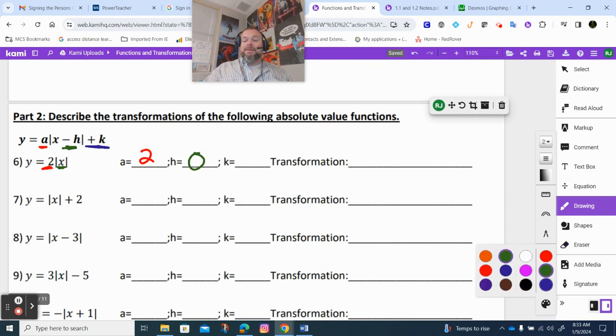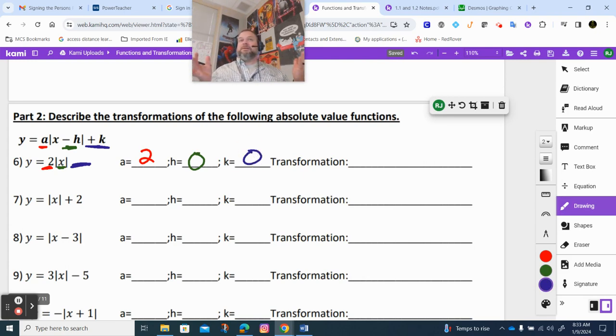All right. And then what is K? 0. There's nothing there. All right. So our A value is greater than 1. So red mushroom, vertical stretch. Vert stretch 2.